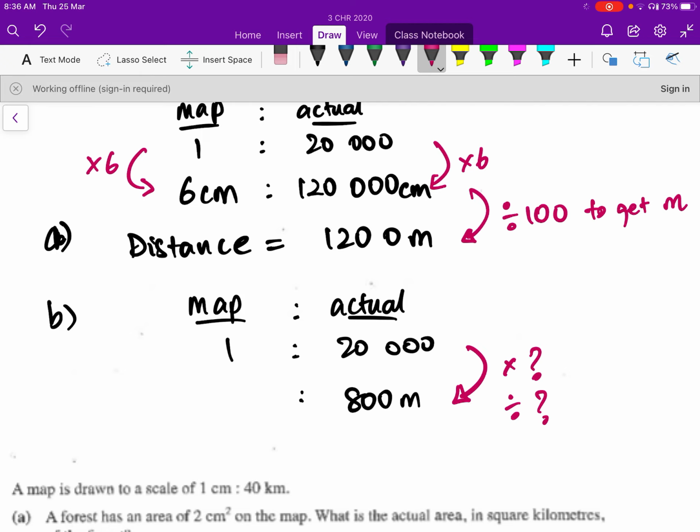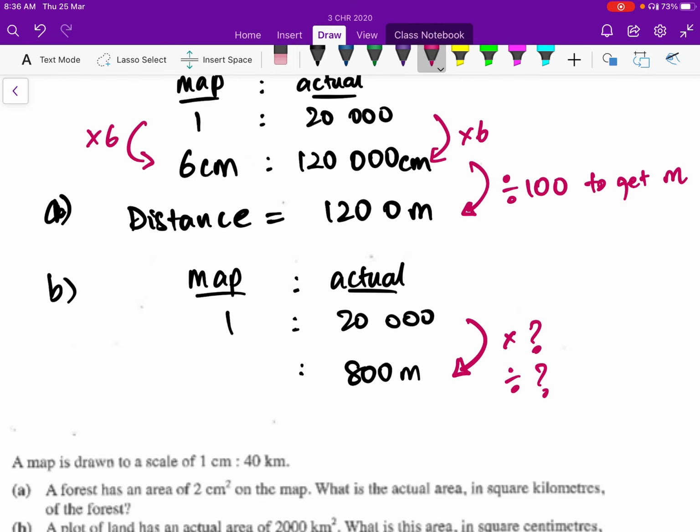A bit more complex. So it may be easier for you to change either 800 meters to cm, or you write down the 20,000 as either meters or cm first.